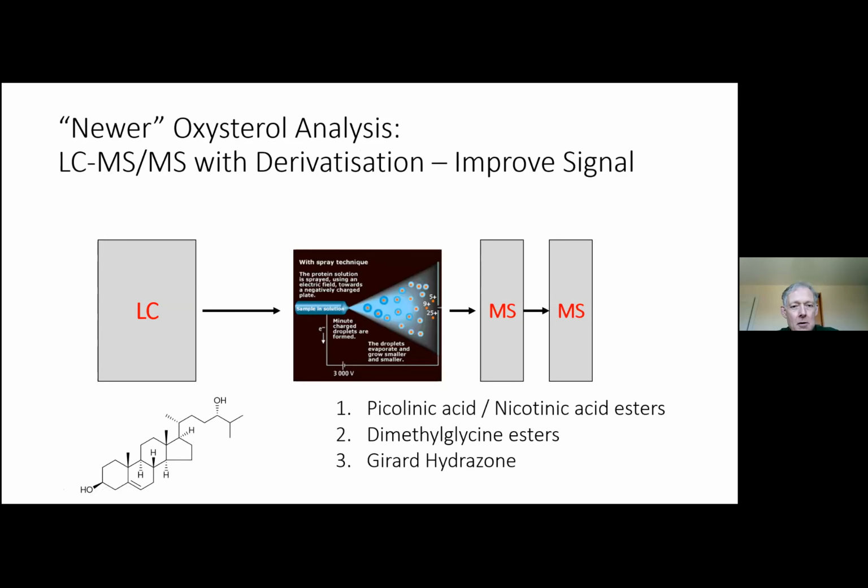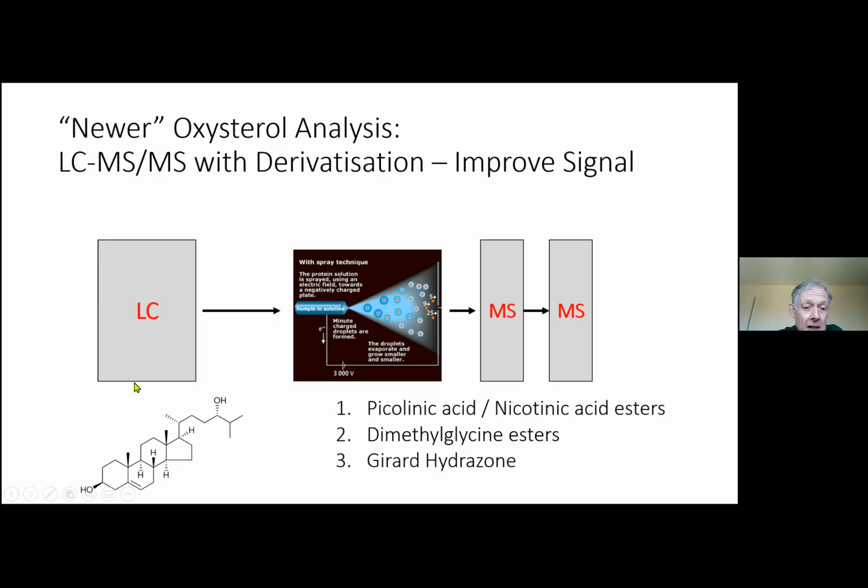Okay, let's now move on to what I might call newer methods for oxysterol analysis. In these methods, we incorporate a derivatization step. The idea of incorporating a derivatization step is to improve the mass spec response.